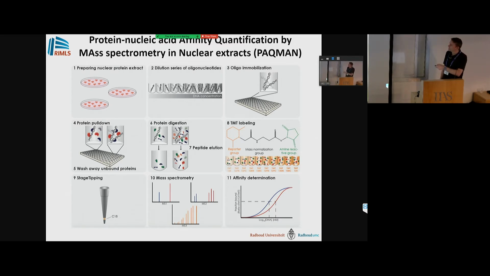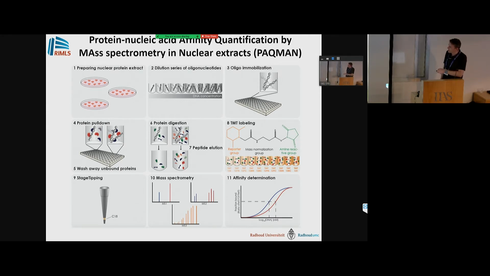This concentration range of DNA is immobilized on a 96 well plate. These 10 reactions are then incubated with a fixed amount of nuclear extract. After incubation, we wash away the non-bound proteins, and then all the proteins that are bound to the DNA of the 10 reactions are digested into peptides.